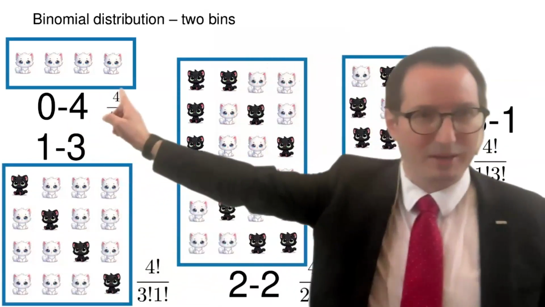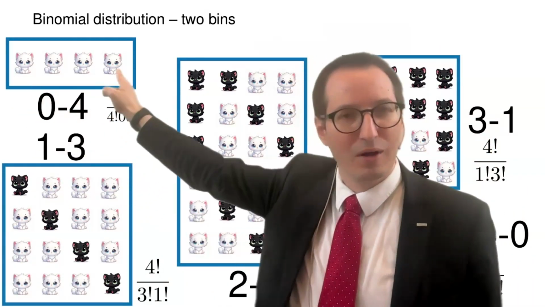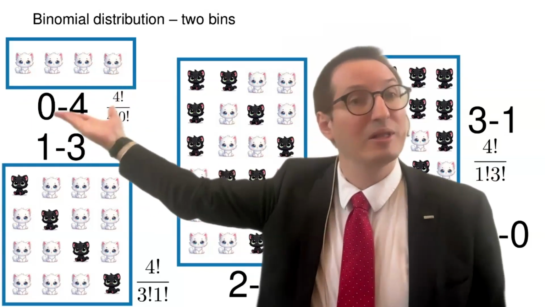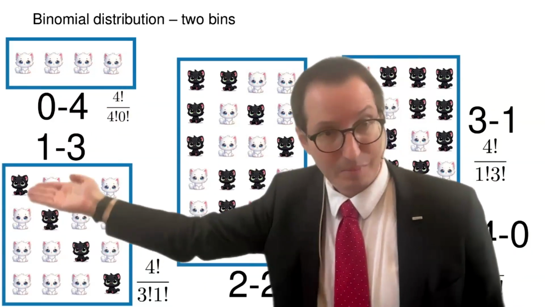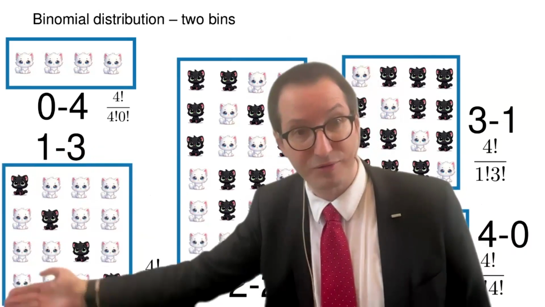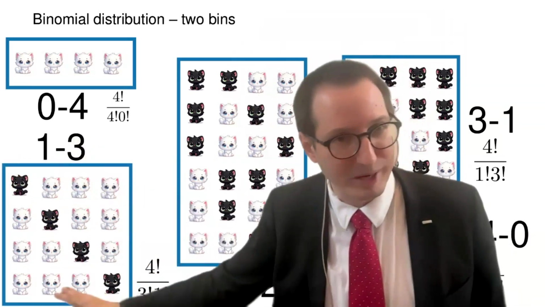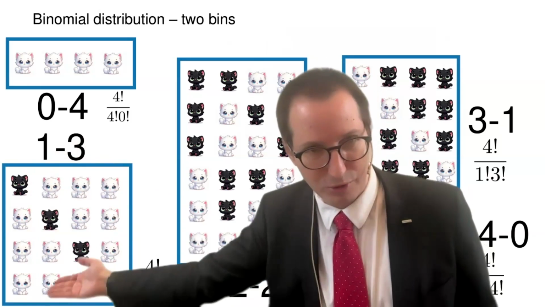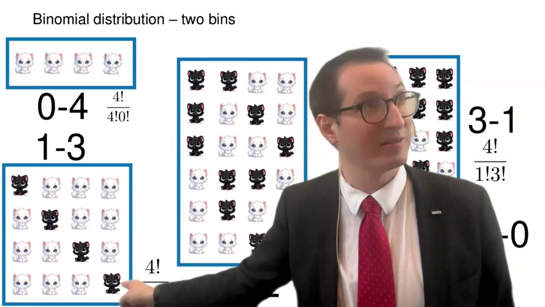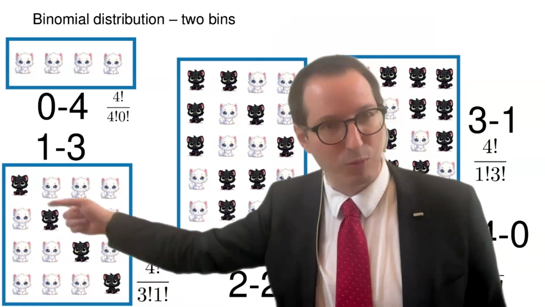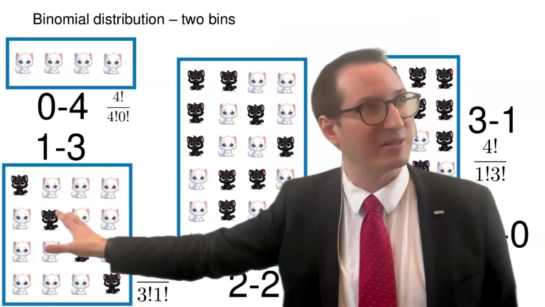For example, in here, I have the group with actually the only sequence with 4 white cats. Here I have all of the sequences with 1 black cat and 3 white cats that I put together, right? So there's 4 possible orderings, but it's the same bag. That's the bag with 1 black cat and 3 white cats.